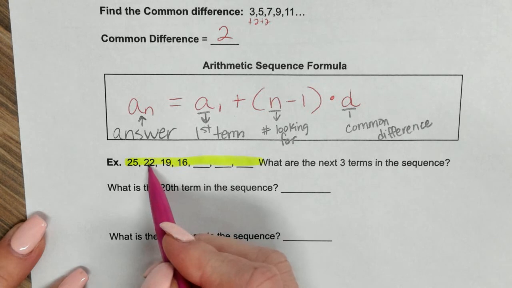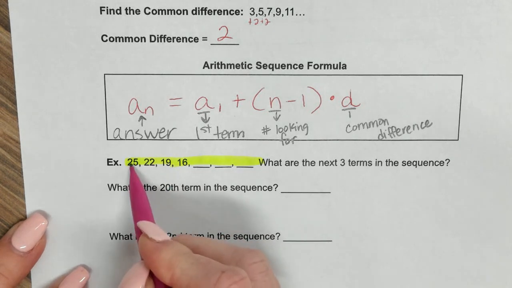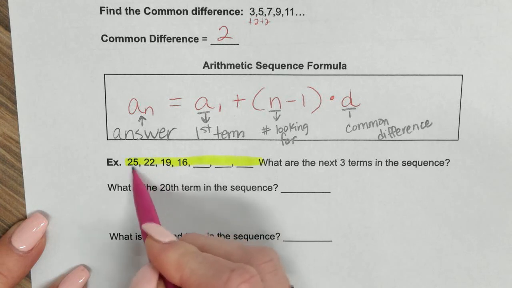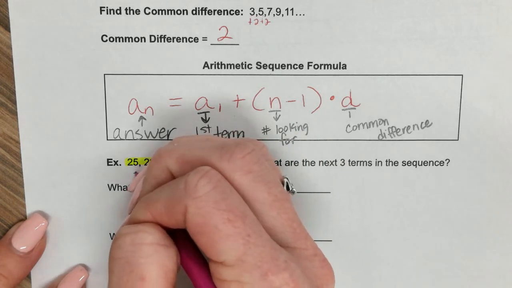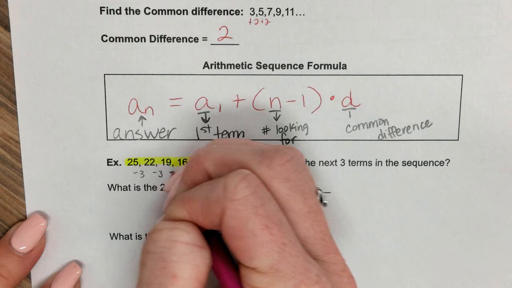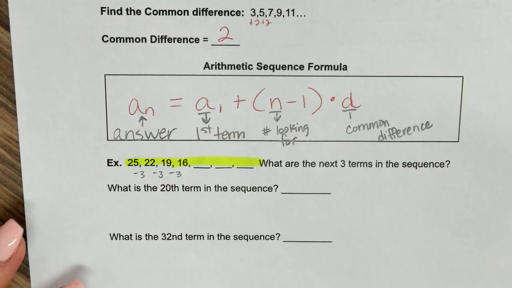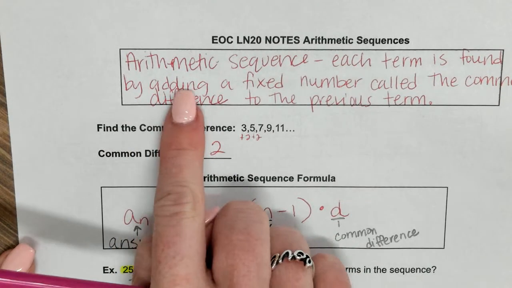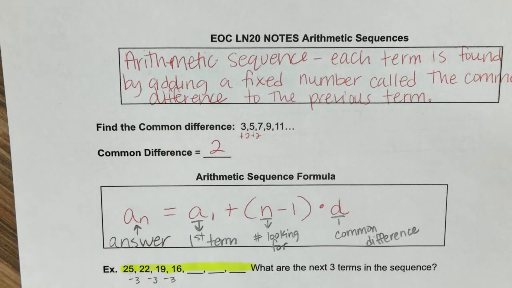I have to do 22 minus 25. I have to go this way. So what are they doing? They're adding -3 every single time. Now, I could just say they're subtracting 3, right? But arithmetic sequences are based on the fact that they're adding. So we would say they're adding a negative.